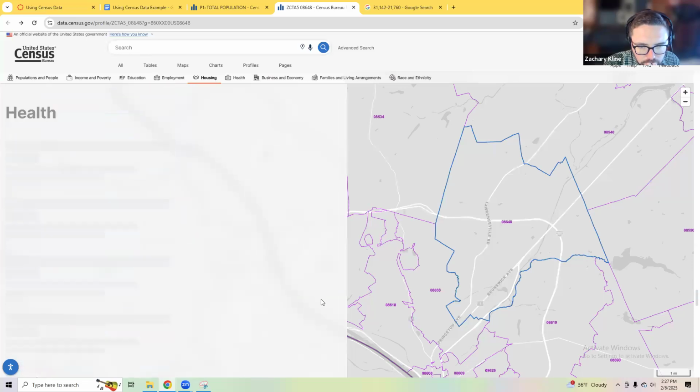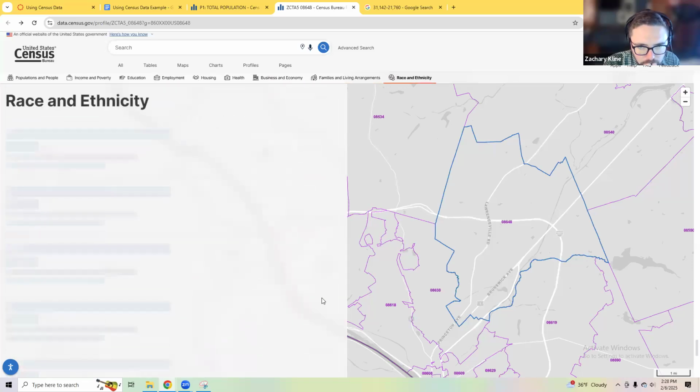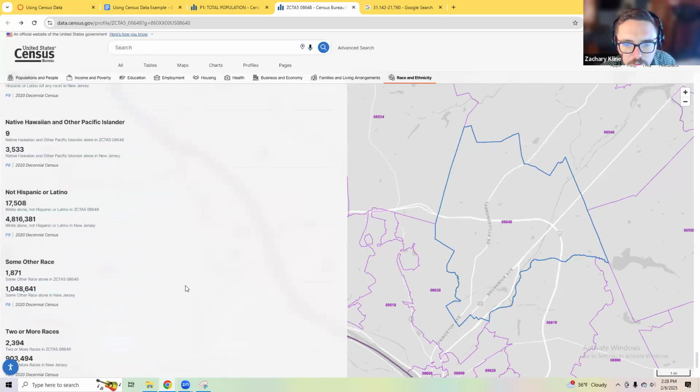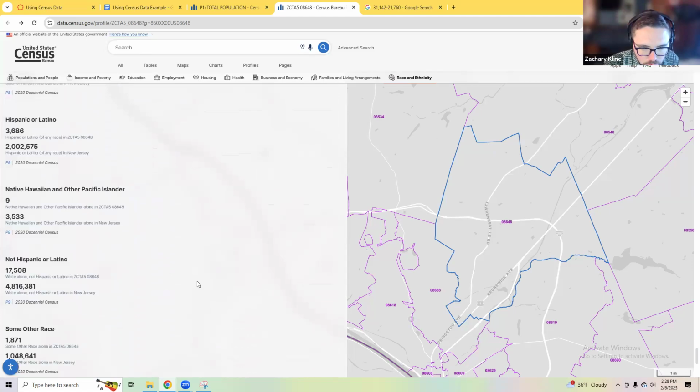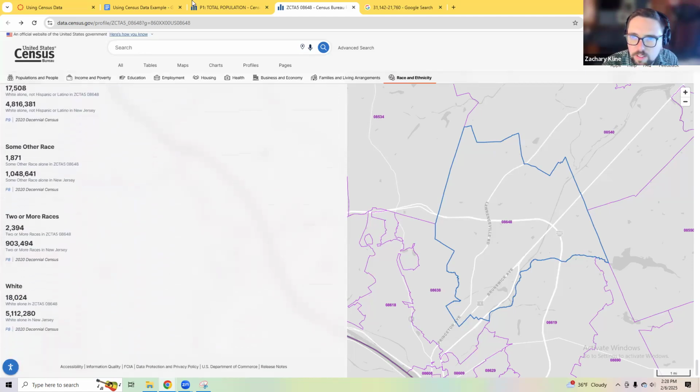Employment, housing, health, families. Might be under race. Let's see. Yep, nothing but citizen status there.